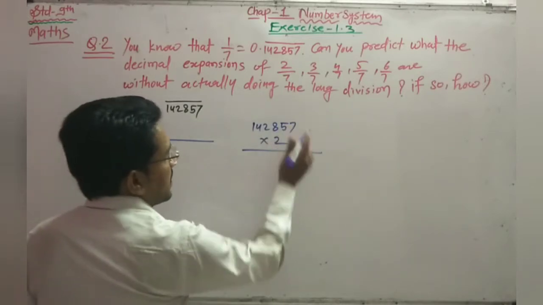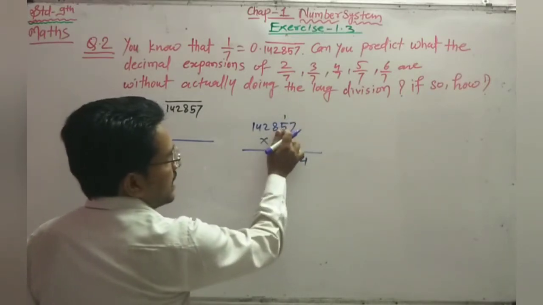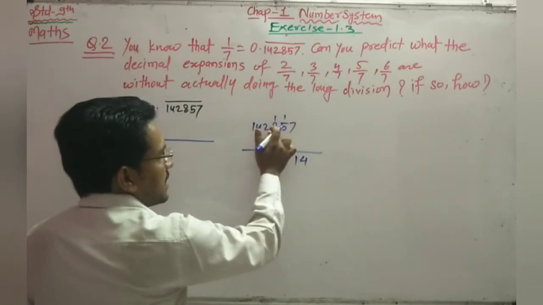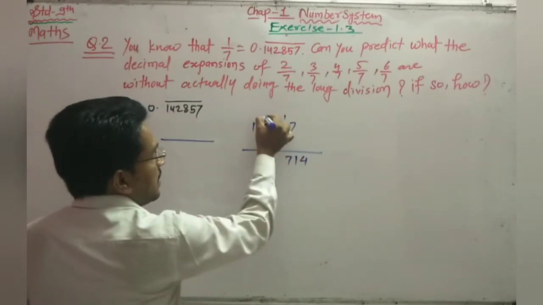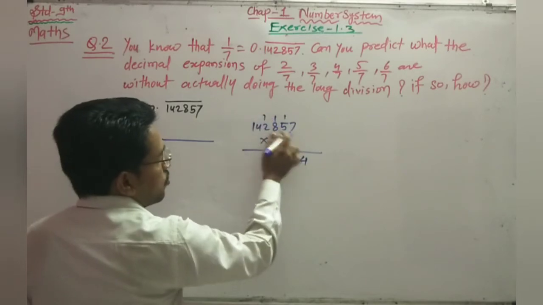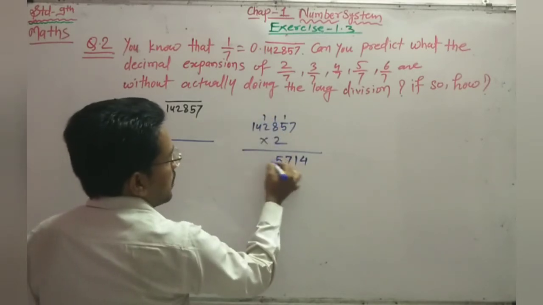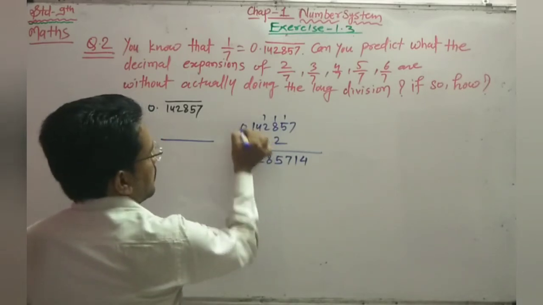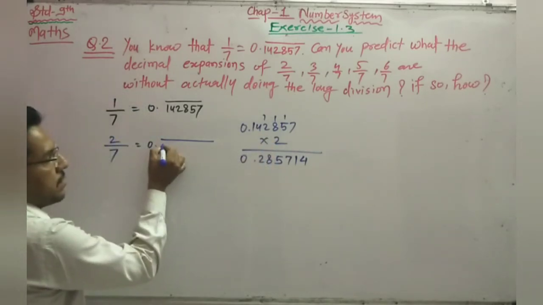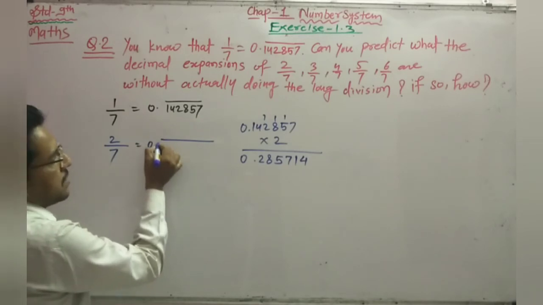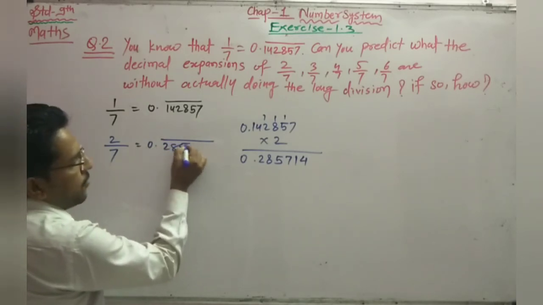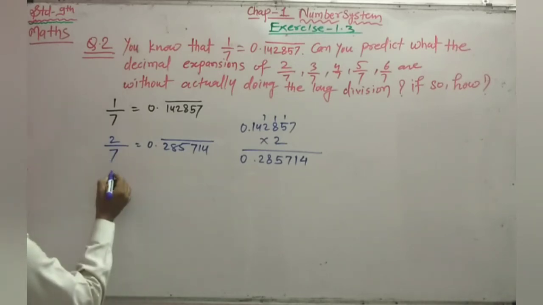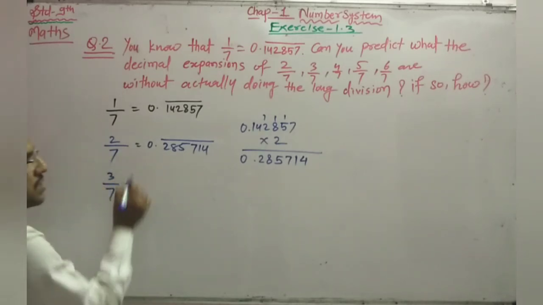Clear? 2 sevens are 14, carry 1, 2 fives are 10, plus 1 is 11, carry 1, 2 eights are 16, 16 and 17, 17 carry 1, 2 fours are 8 and 2 twos are 4, 4 plus 1 is 5, 2 ones are 2. Is that clear? So here the value of 2 upon 7 is 0.285714.